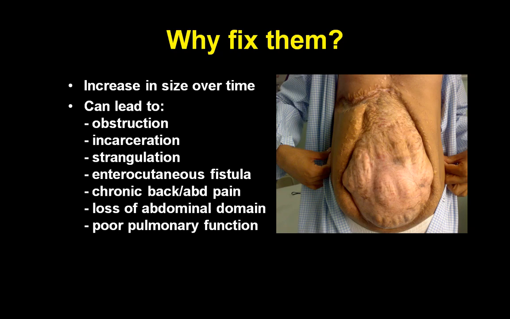Due to traction of the bowel, it can lead to chronic back and abdominal pain, and loss of abdominal domain or functions of the muscle, and due to the dragging sensation, there is poor pulmonary function. So all these causes lead to the thought that ventral hernias have to be repaired.